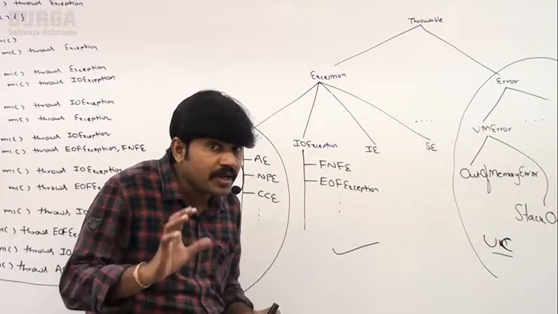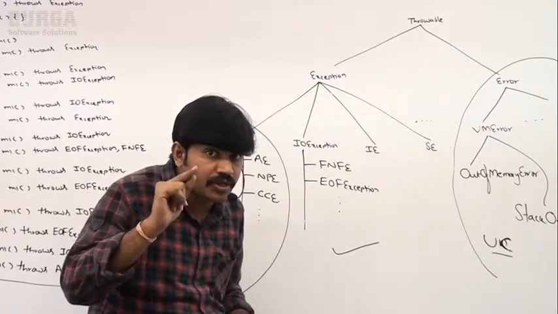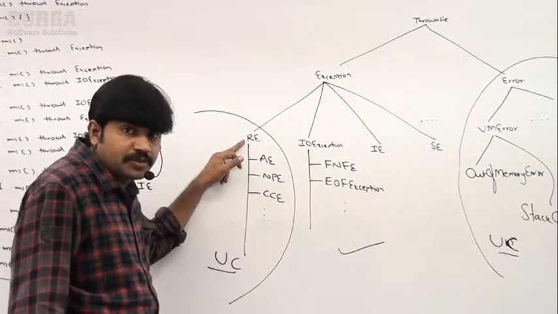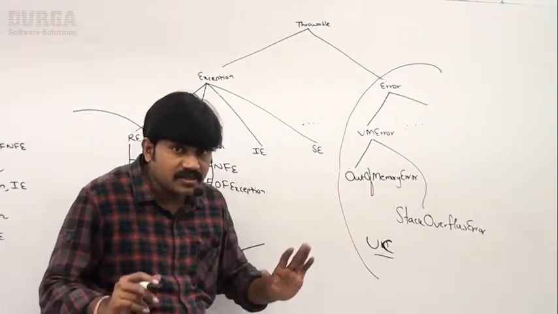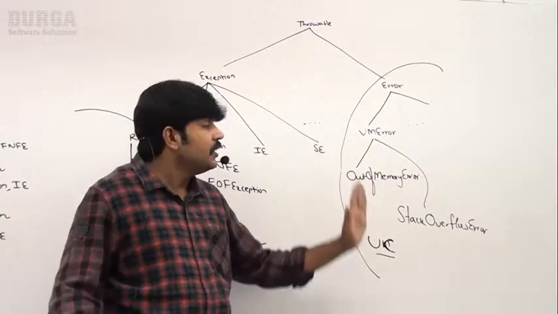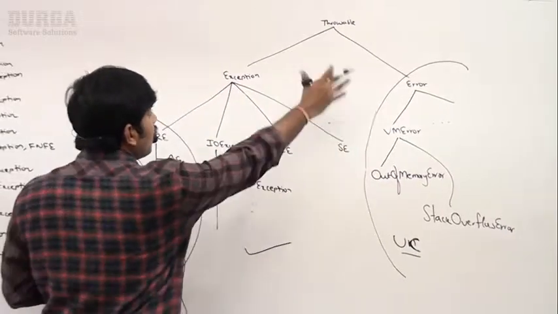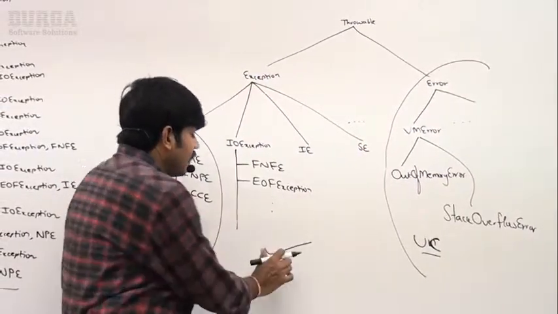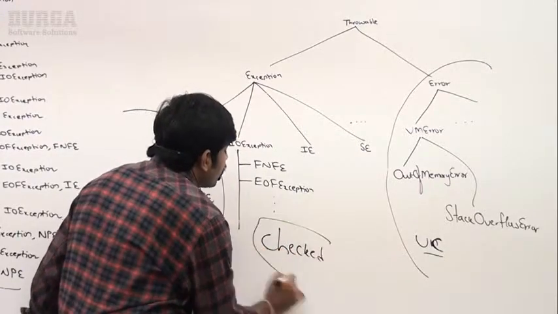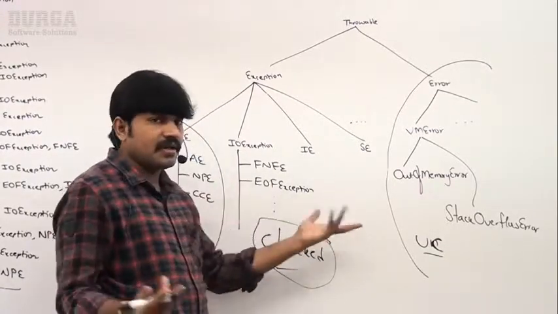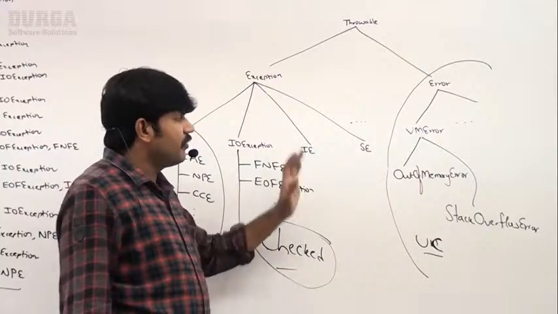So this is the thumb rule you should be aware of. Runtime exception and its child classes, error and its child classes are unchecked. Except these, the total remaining area is checked exceptions, right?